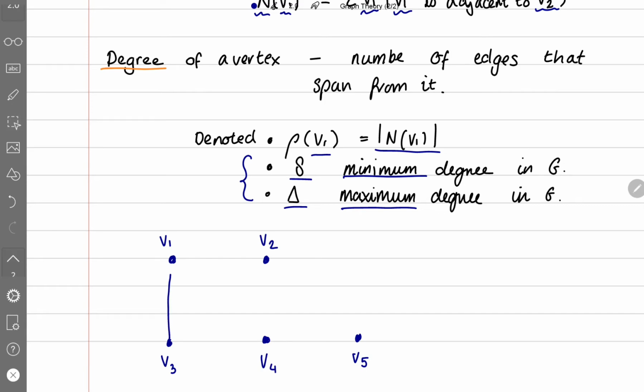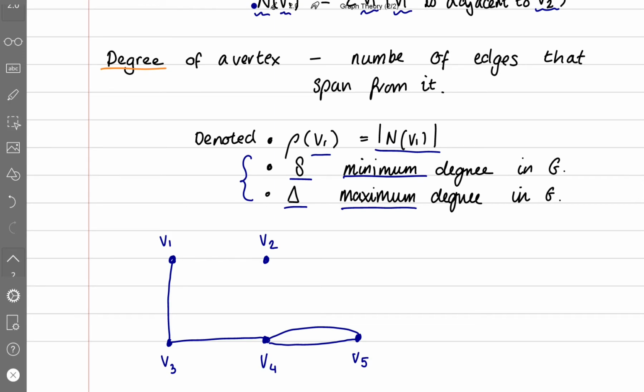So put in some edges. It's not very clear. In fact, let's remove that one for this argument's sake.